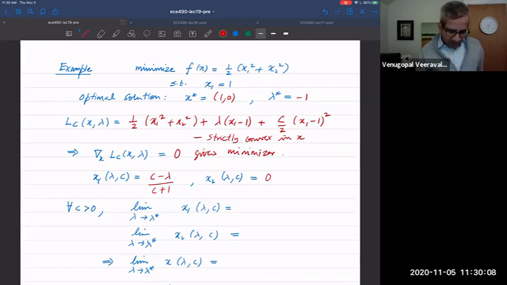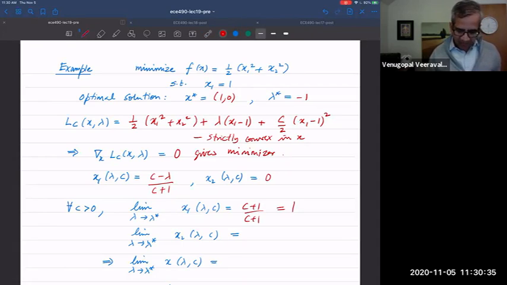Now, if you look at any C that's positive and let lambda approach lambda star, remember lambda star is -1 here. So as lambda goes to -1, this becomes C plus 1 divided by C plus 1, which is equal to 1.